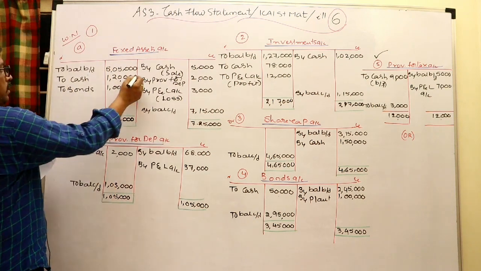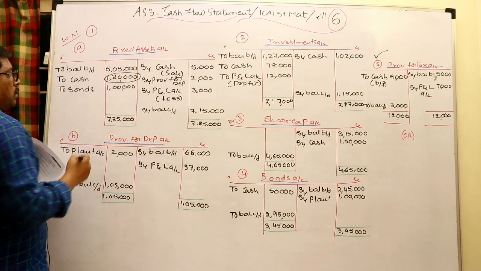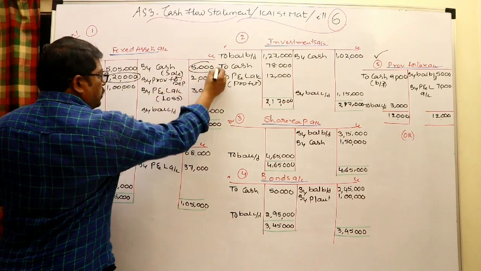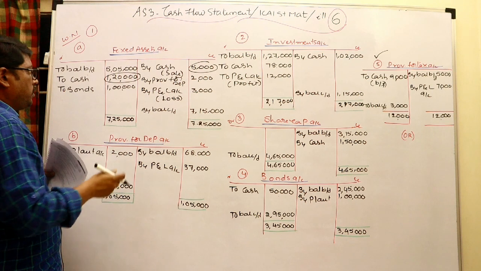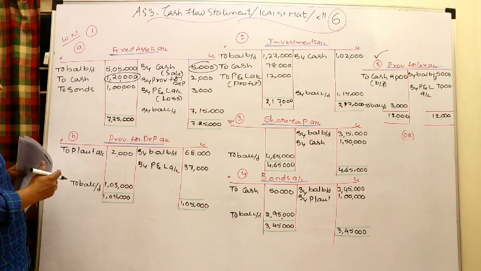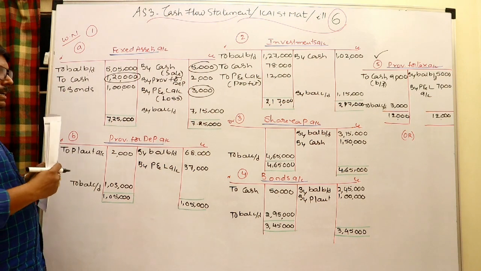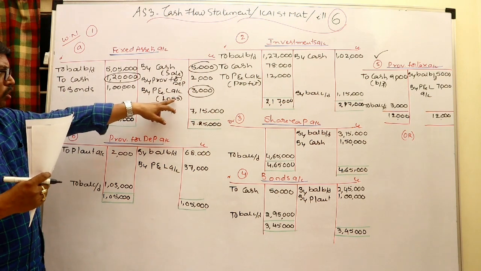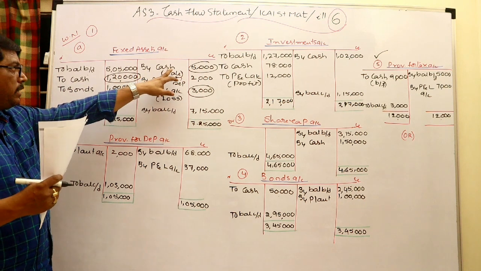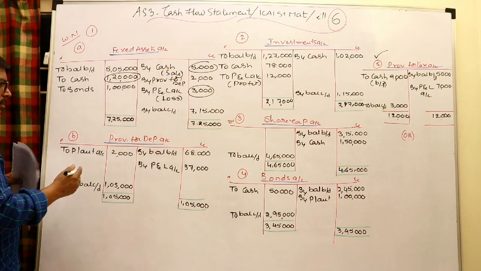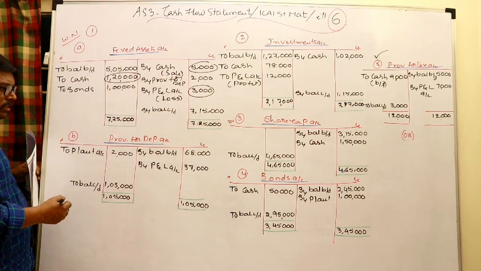Check it. You can check both. This is cash received by sale of fixed asset. This is cash paid for purchase of fixed asset. And this profit, while doing the indirect method, is to be withdrawn. These are to be written in the investing activities. Come to the provision for depreciation.